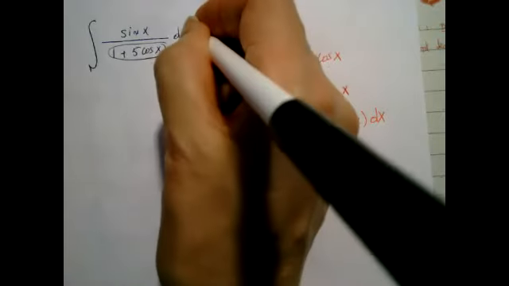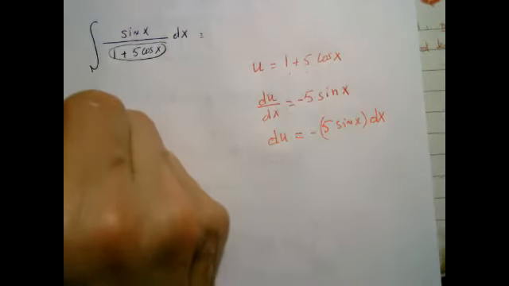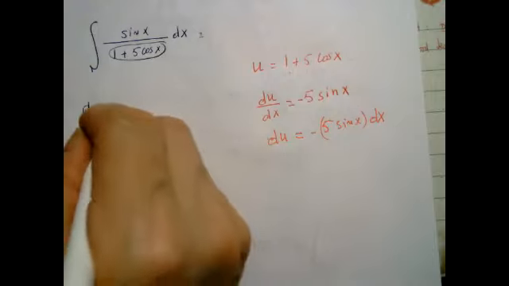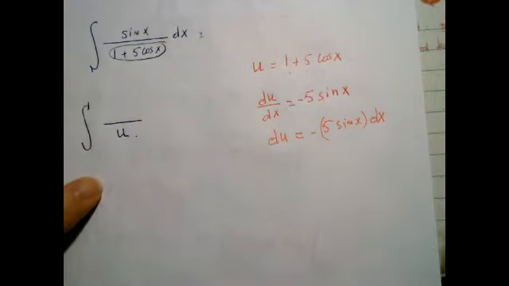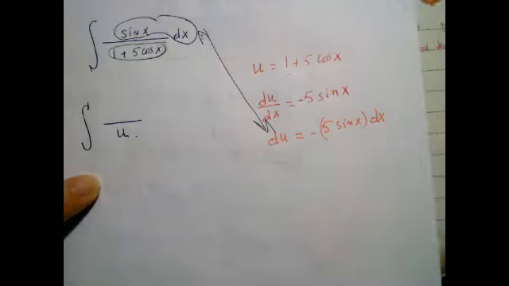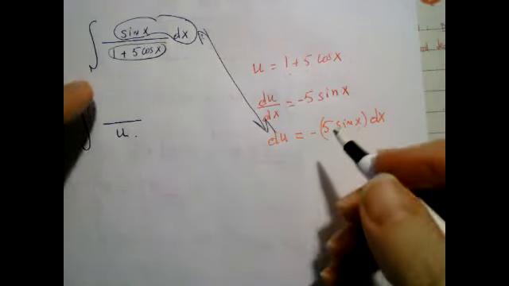So this is equal to the integral of. All right, so let's see how I'm going to manipulate that. The denominator is a u, there's no issue with it. Now what about the numerator? The sine x dx. This is where I have to start keeping my eye on both of those. So what's the sine x dx?